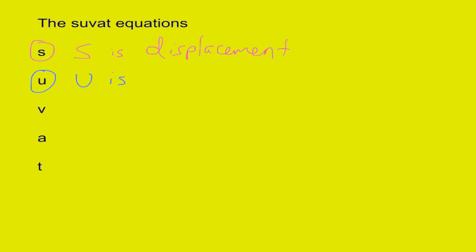U is the symbol for initial velocity. So initial velocity like that. And then let's do green for the next one. V is the final velocity. Okay, so if it starts off at a velocity u and finishes up at a velocity v as it accelerates.